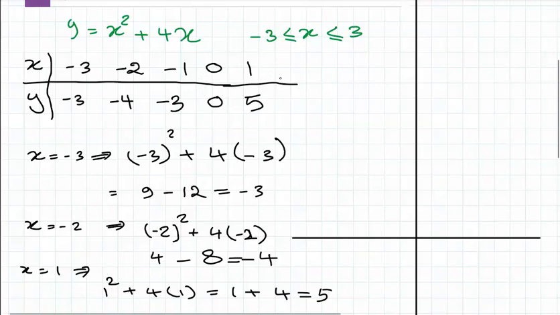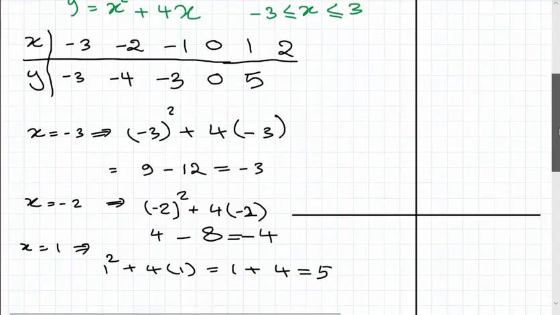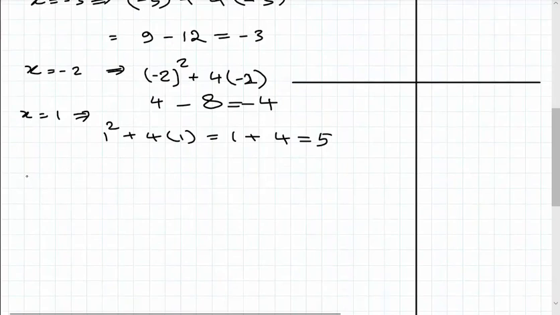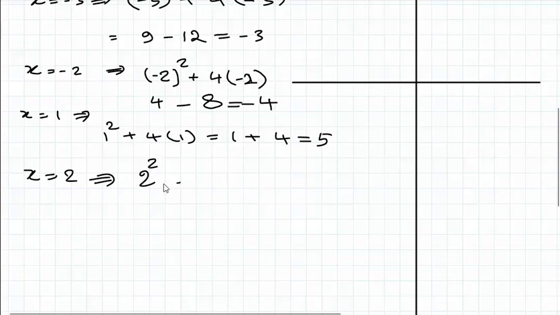And if we put 2, it's not required to substitute all the values of x, but for this question, I want to do it properly. I want you to see how simple it is. When x is 2, we will have 2 squared plus 4 times 2. 2 squared is 4, 4 times 2 is 8, 4 plus 8 is 12.